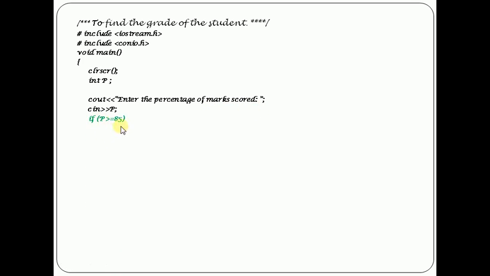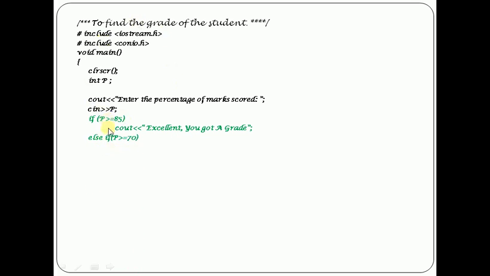Now let's write the if construct. When you look at the first condition, P greater than or equal to 85, if it is, then we are displaying a message, excellent, you got A grade. Now the next case, that is between 70 and 85.